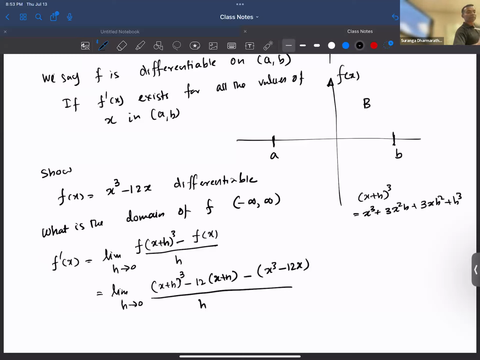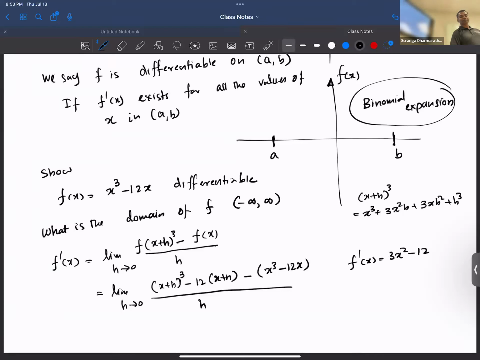If you don't remember, look at the binomial expansion. I'll talk about that a little bit next time. Using that, you expand it, and once you expand it, you can solve for this and see what f prime x is. You should get f prime x equal to 3x squared minus 12. Do that at home and see whether you get this answer. This is the answer you should get, right?